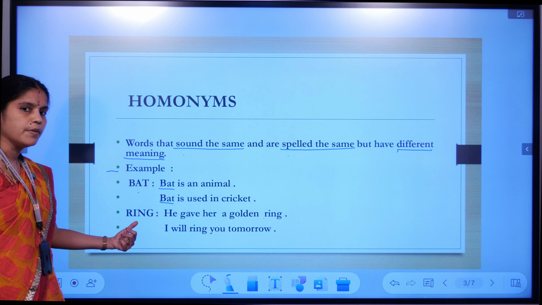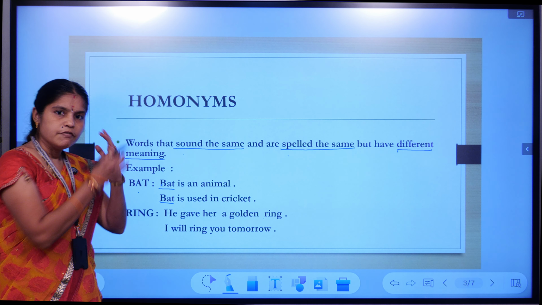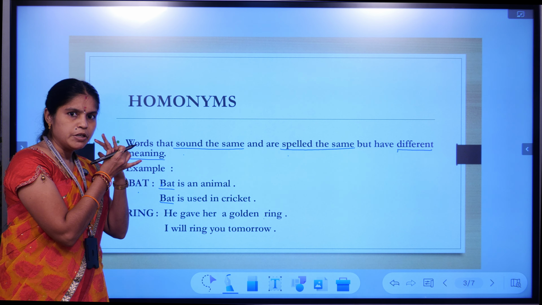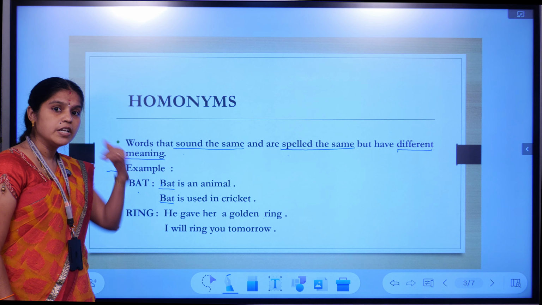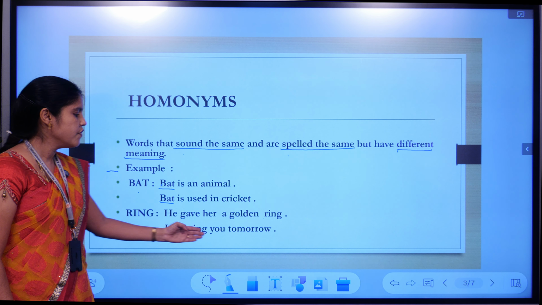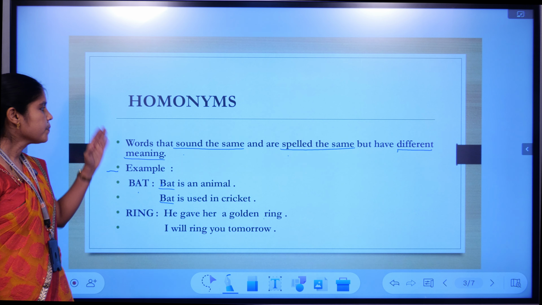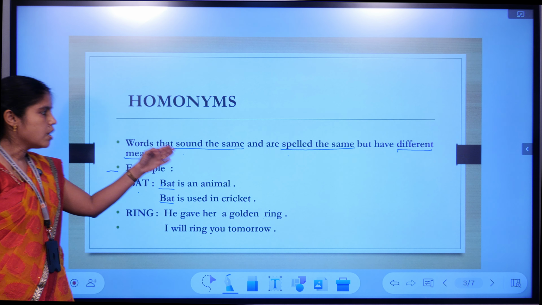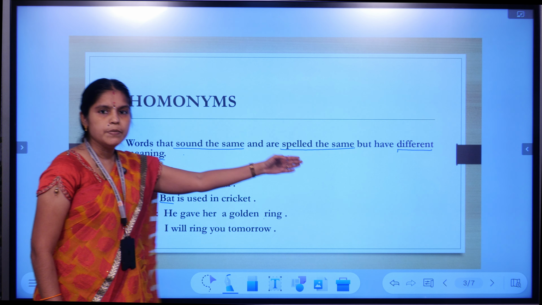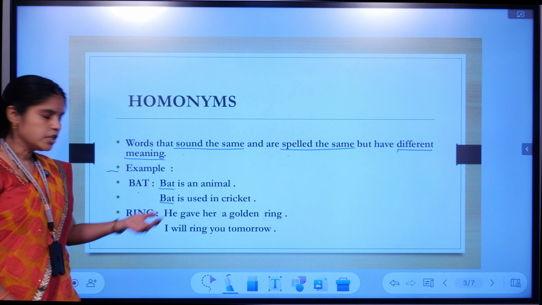The spelling is the same, R-I-N-G, ring. One is the gold ring for your finger, and the other is making a call to your friend, saying I will ring you tomorrow. Did you get it? Again, let me repeat: homonyms are the words where the sound is the same, the spelling is the same, but the meaning is different. I hope you understood. We shall go for the next one.